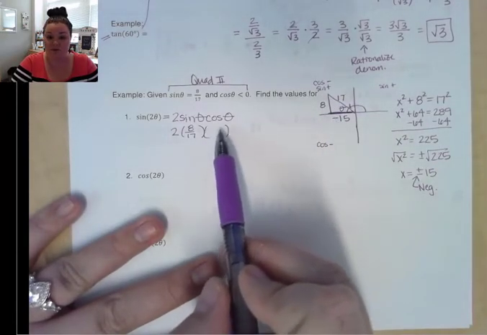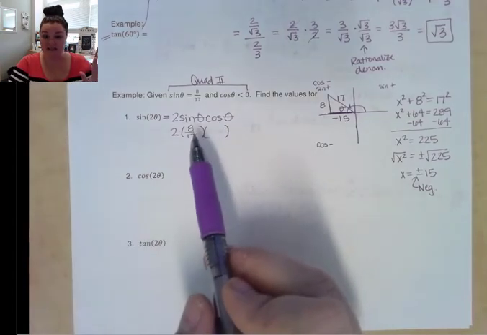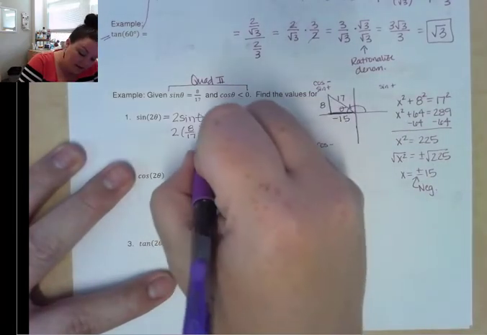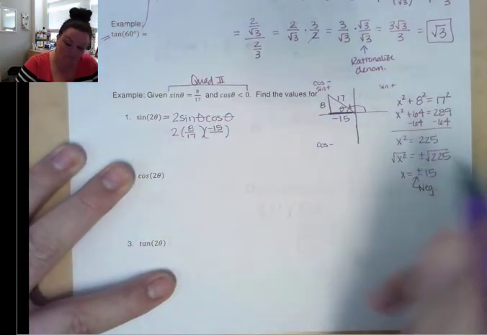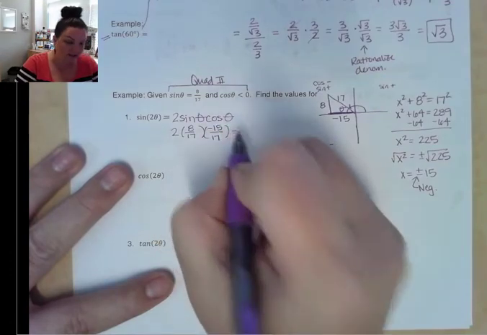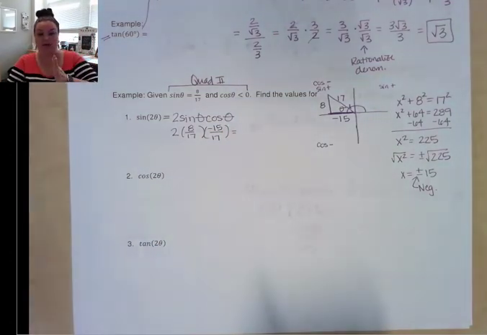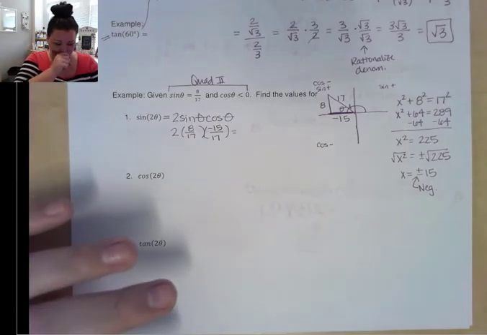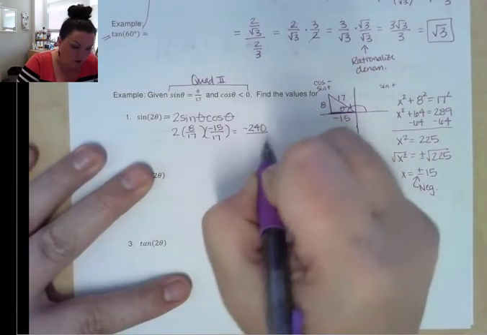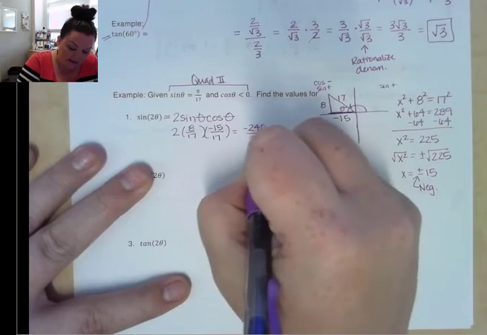All right, now that we have our triangle completely labeled, we should be able to figure out the cosine value. Remember, cosine is adjacent over hypotenuse. Our adjacent value is negative 15 over our hypotenuse value, which is 17. And all we have to do is multiply those three numbers together, which gives me negative 240 over 289.